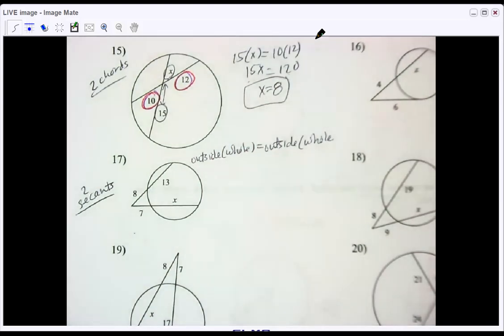What are my two outside numbers? Put them in the chat box for me. 13, x, 8, or 7? Good. What are my two outside numbers?